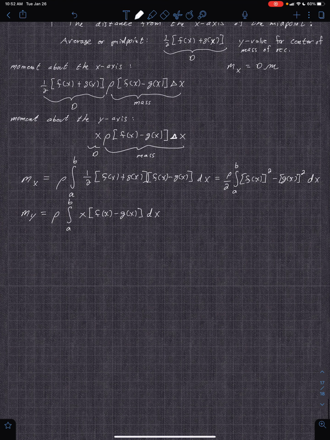Okay, then just as before, you have your x bar is moment about y over the mass. Y bar is moment about x over the mass. And then we call that a centroid. So the centroid or center of mass is x bar, y bar.